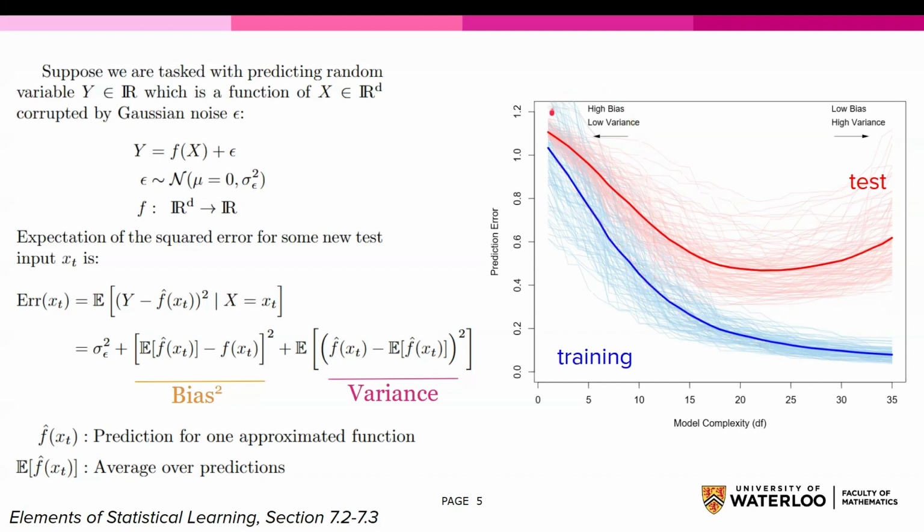On the test error in red, though, we see an initial drop, but then it starts to rise again. This is because at some point, the model gets so flexible that it starts to overfit the training data, and this is going to lead to high variance on new data.